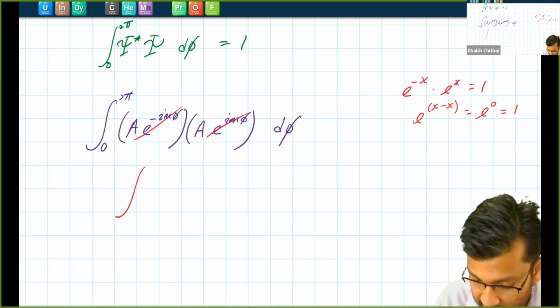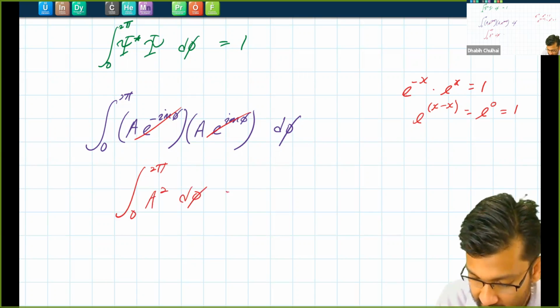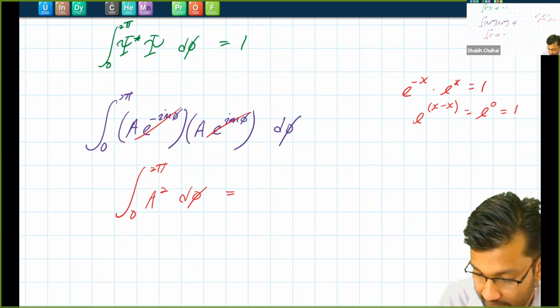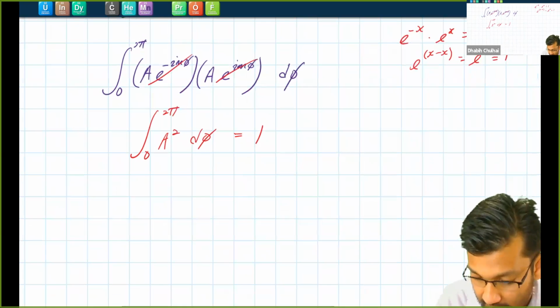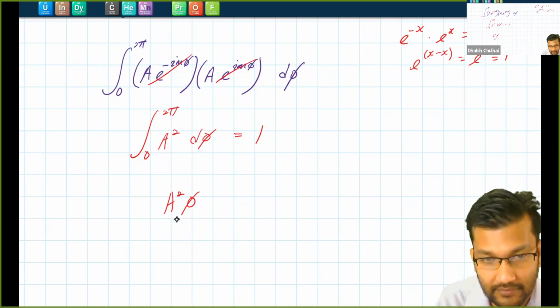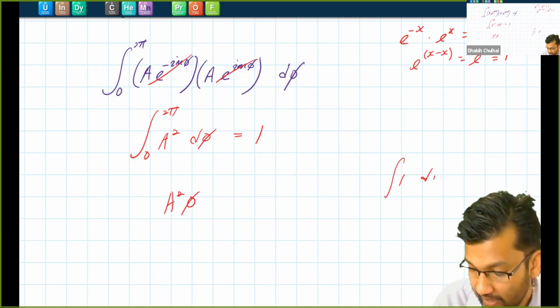So really, this simplifies to the integral from 0 to 2 pi of a squared d phi, and we need to find that. Well, it should be equal to 1, right? So what's the integral of a squared d phi? It's a squared times phi, kind of like the integral of 1 dx is just x.